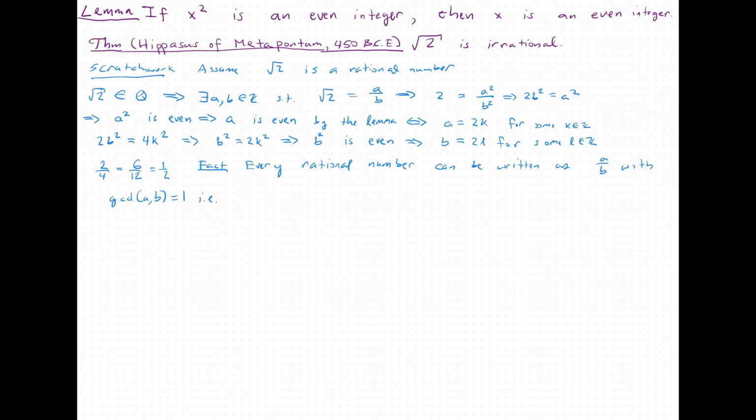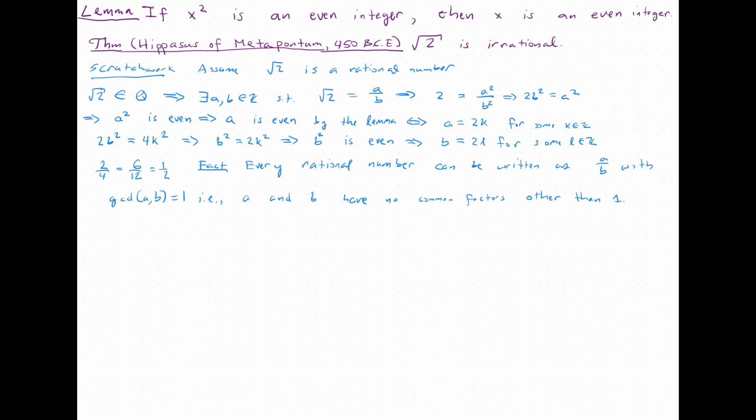So that is, a and b have no common factors other than 1. So if we use that fact, then what we have now shown is that we can start off with a and b being relatively prime, but then they have a common factor of 2 because both a and b are even. And that's the contradiction that we are getting in this situation.